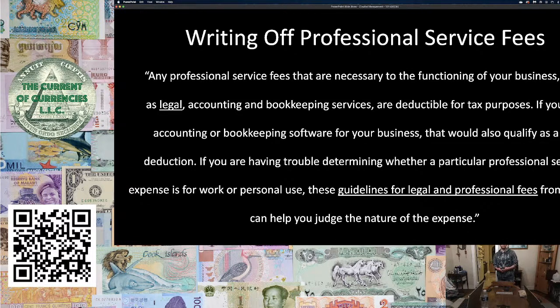If you're having trouble determining whether a particular service expense is for work or personal use, these guidelines for legal and professional fees from the IRS can help you judge the nature of your expense. You would just go on the IRS website, and there is a link in their information section that can give you a whole list of what these services fall under.